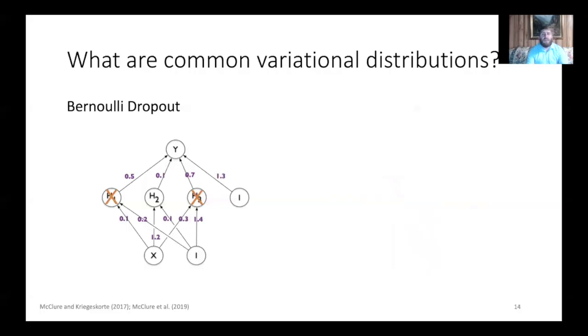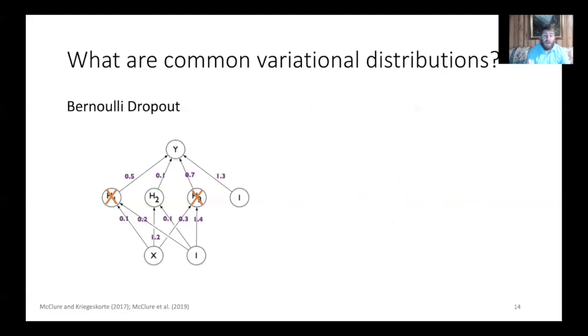However, both of these methods have neuron level noise and don't learn parameter level uncertainty like you see in the Gaussian variational neural networks.